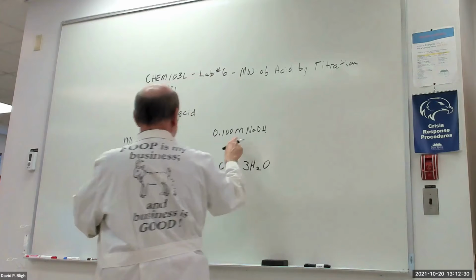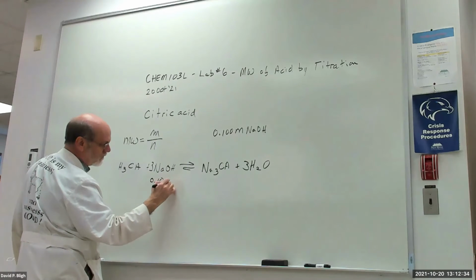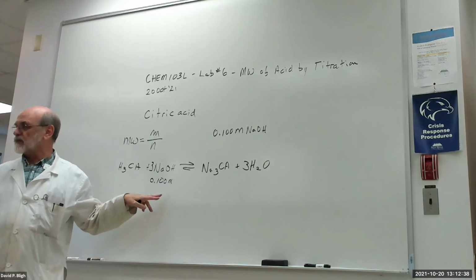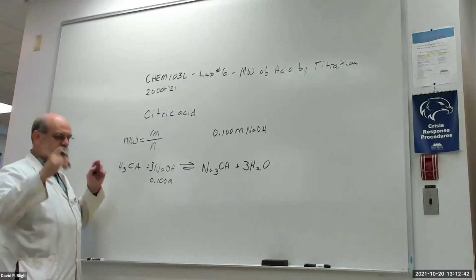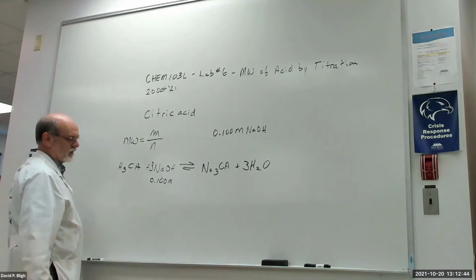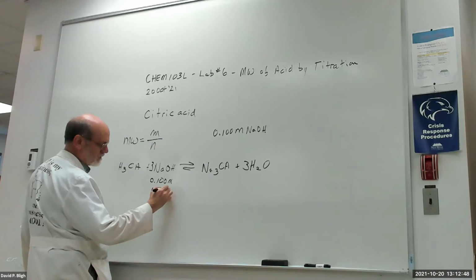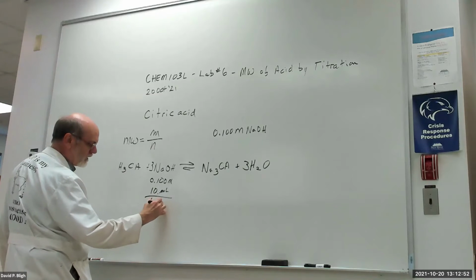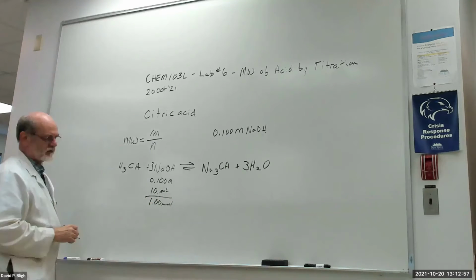So if we know that this is 0.1 molar, then all we need to know is what volume it is to find out how many moles we used. So let's just, for argument's sake, say there were 10 milliliters. Right? So that would be 1 millimole of sodium hydroxide was used.